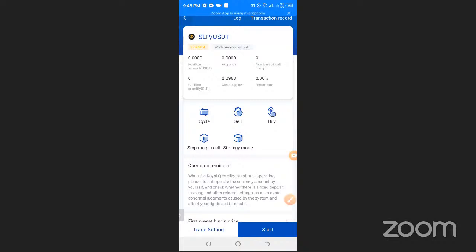So if you click here, you will see, if you are selecting the coin newly, this place is showing one shot. After setting your trading parameters, you can click this place that is showing one shot, and then you will see that the one shot command is already activated here.